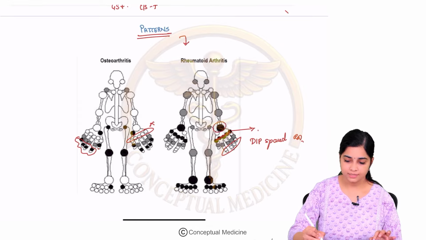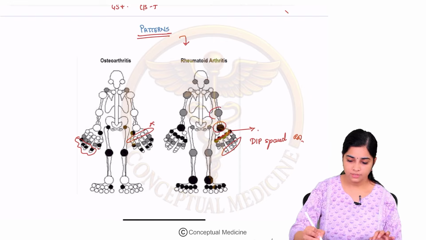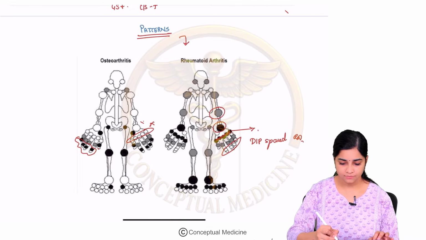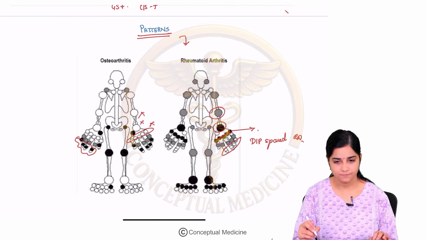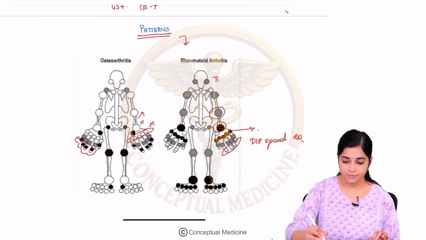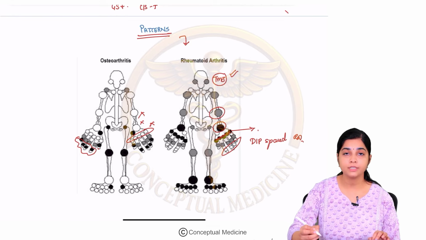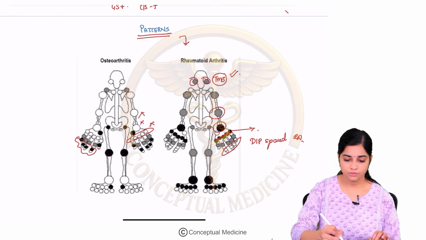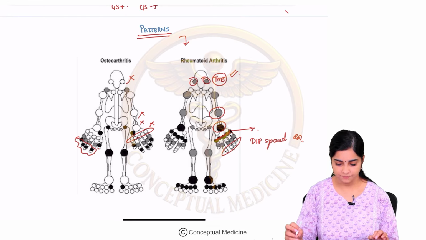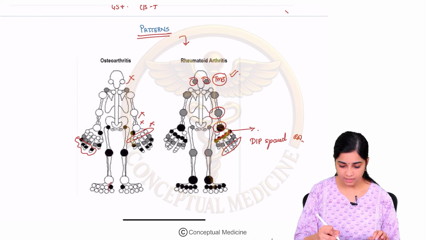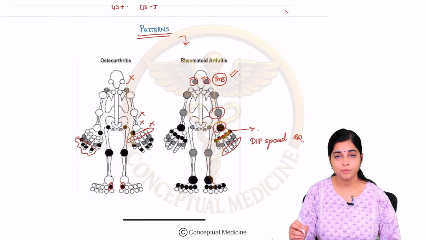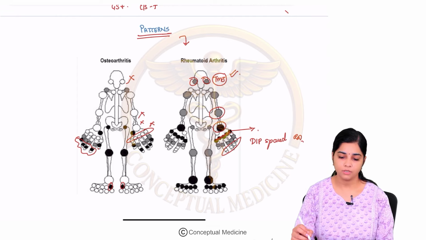Can you see that the wrist is more common, elbow is more common in rheumatoid arthritis, which is not there in osteoarthritis, right? Then temporomandibular joint involvement is definitely seen in rheumatoid arthritis, which is not there in osteoarthritis, right? Then first carpometacarpal joint involvement is there in osteoarthritis, which may or may not be present in rheumatoid arthritis.